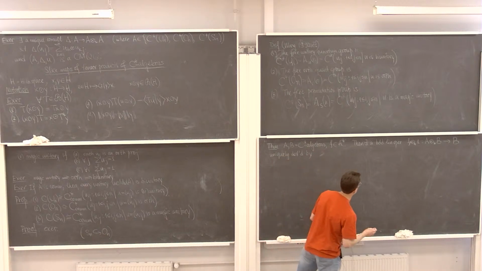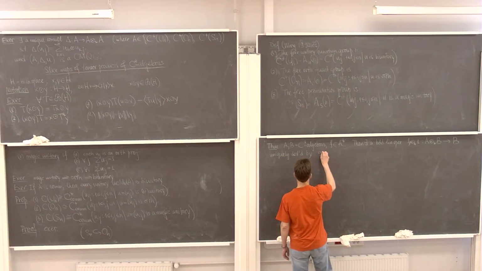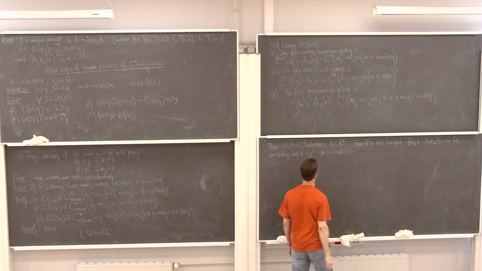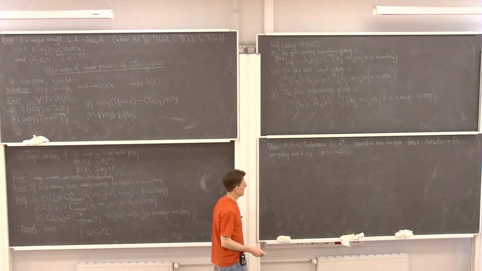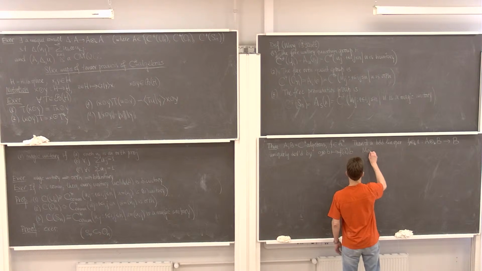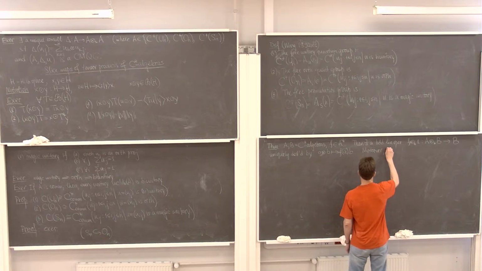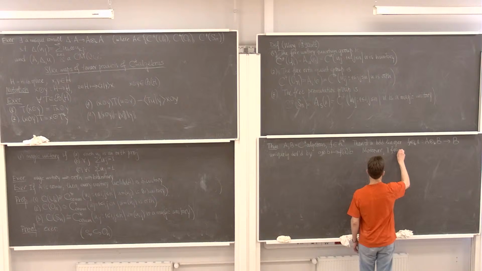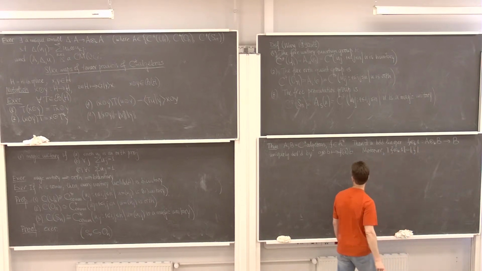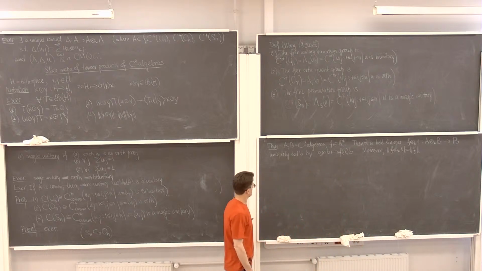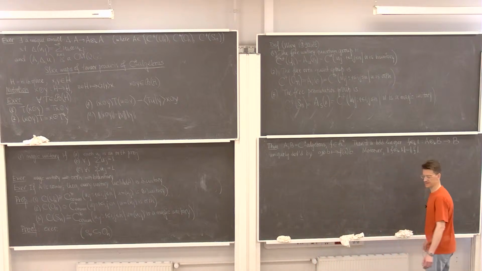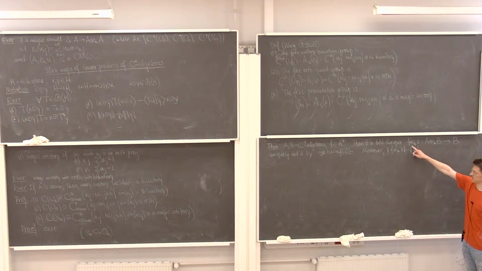It takes every elementary tensor a tensor b to f of a times b. And moreover, the norm of this operator is exactly the norm of f.